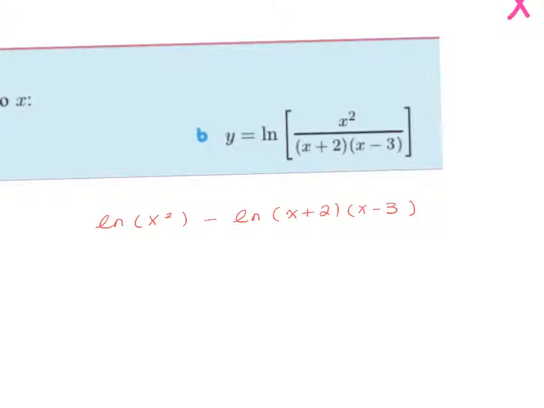Now the first part, the natural log of x squared, what is that going to be when I find the derivative? Remember that the rule says it's f prime. Yeah, so it's going to be 2x over x squared minus natural log.